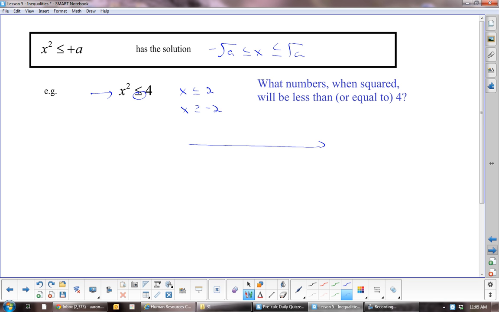Now, on your number line, here is negative 2, here is 2, going this way, going this way. So this is the intersection, right? So it would be negative 2, comma, 2.